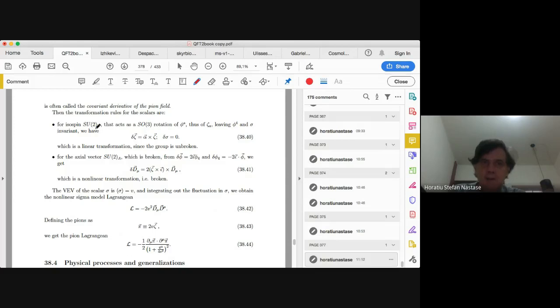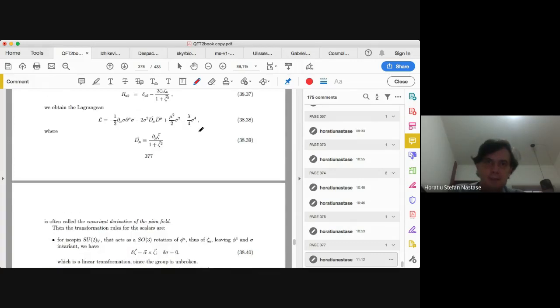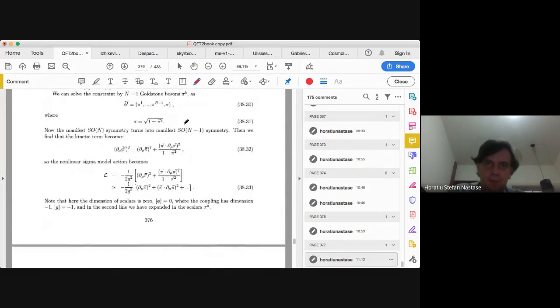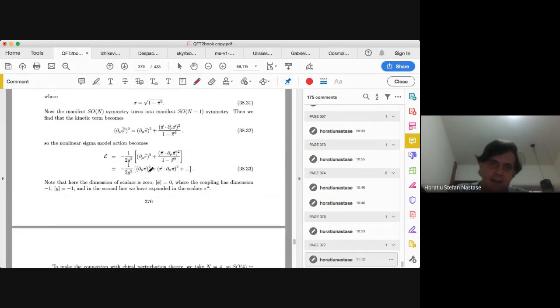The isospin SU(2) vector, which corresponds to SO(3), the remaining SO(3) that acts on the pions, so it acts on phi_A. Therefore this SU(2) vector acts as SO(3) on these pi_A's or phi_A's if you want.